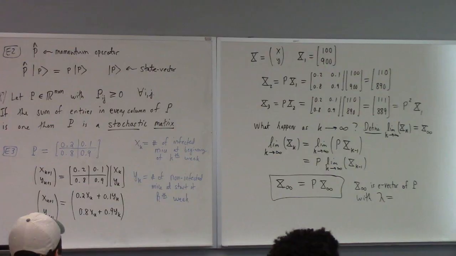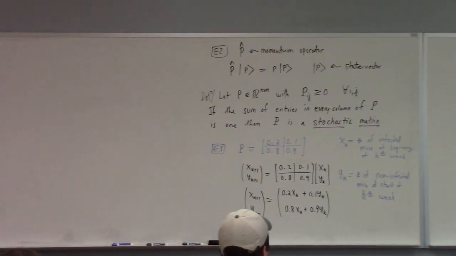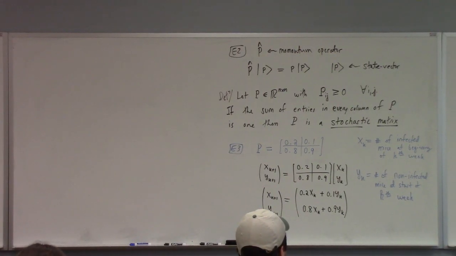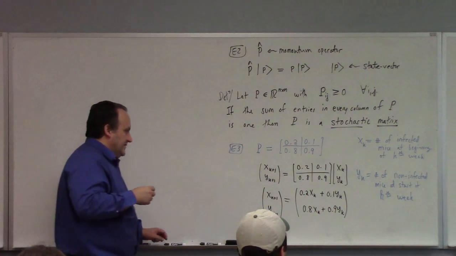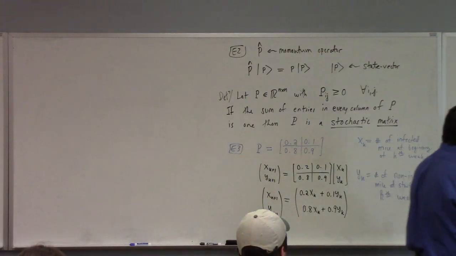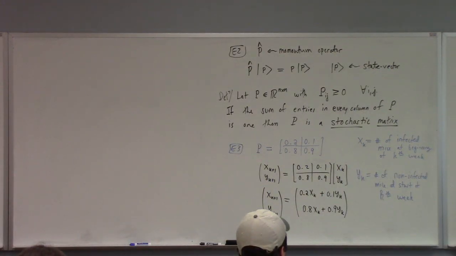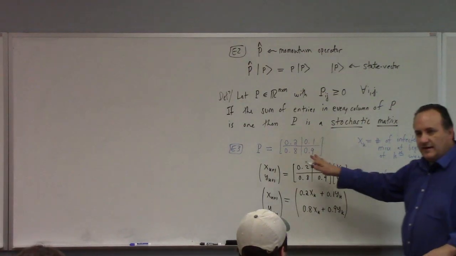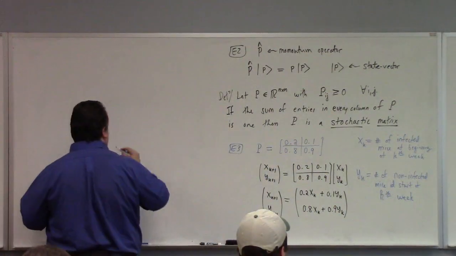There could be multiple possible steady state solutions, and it might depend on what your initial condition is, which one you get sucked into eventually. But I believe you can prove that a stochastic matrix has an eigenvector with eigenvalue 1. Once upon a time I assigned that as homework in this course, but maybe not this course. So 1, yeah.